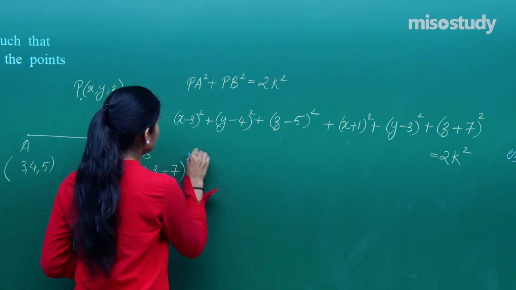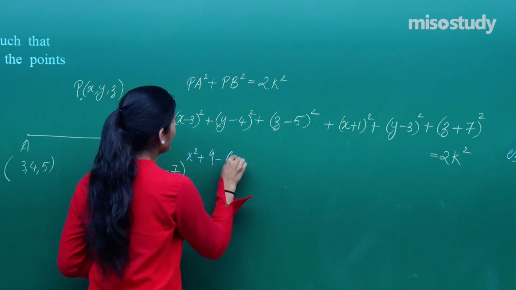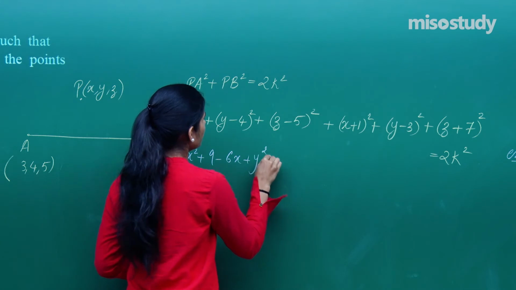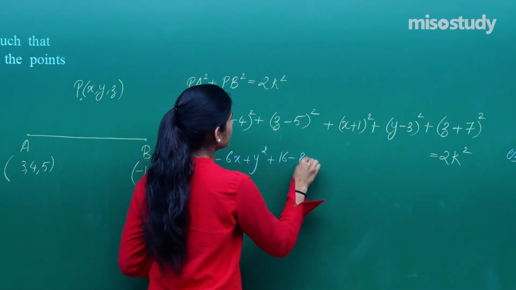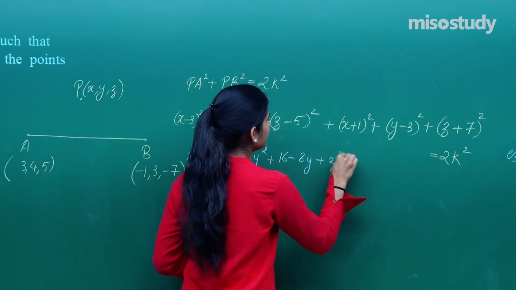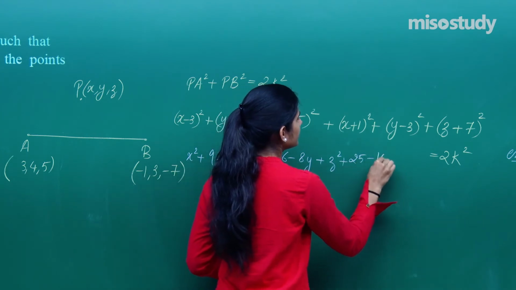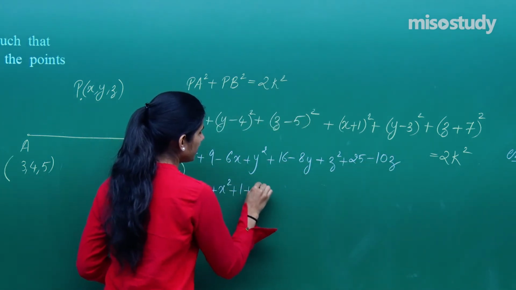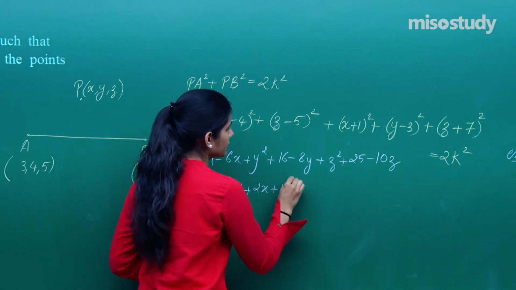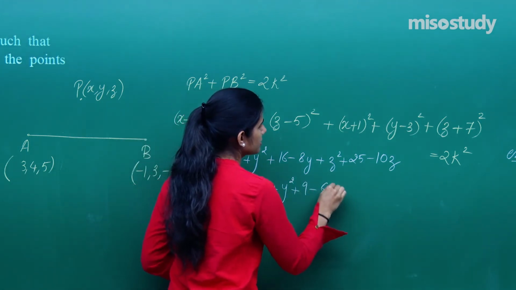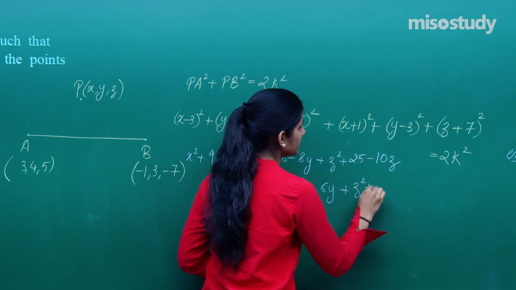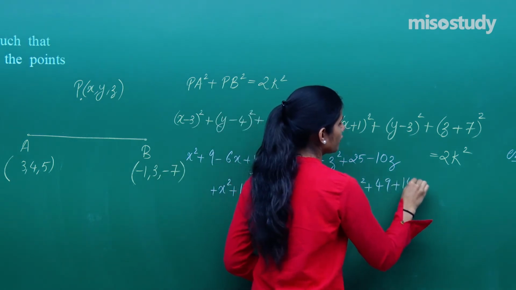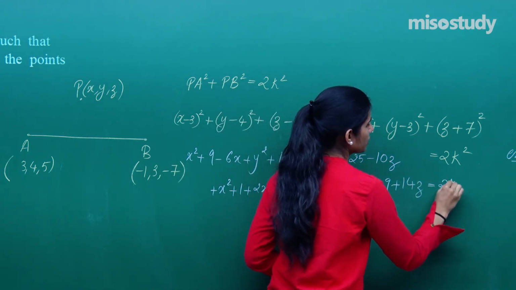You get x square plus 9 minus 6x plus y square plus 16 minus 8y plus z square plus 25 minus 10z plus x square plus 1 plus 2x plus y square plus 9 minus 6y plus z square plus 49 plus 14z equals 2K square.